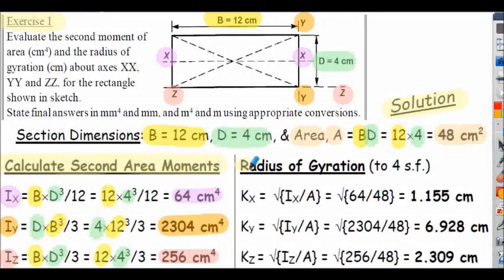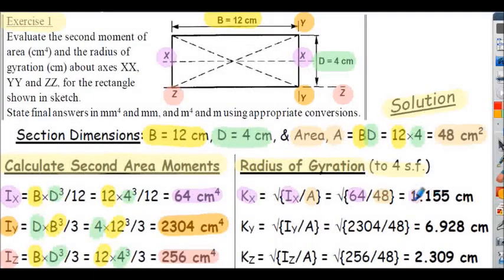Calculating now the radius of gyration, stating the answers to 4 significant figures here. The radius of gyration, that's the k about the x-axis here, is simply the square root of I about the x-axis divided by the area above, so the square root of 64 divided by 48.